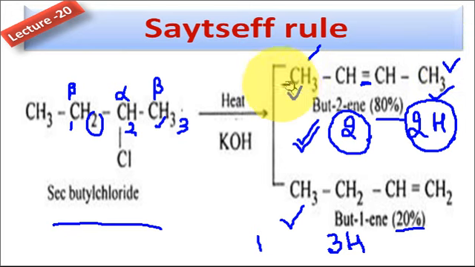Because of more hyperconjugation due to the more substituted alkyl groups, these types of alkenes are more stable. So according to the Saytzeff rule, when an alkyl halide has different types of beta carbon atoms, the elimination should take place in such a manner that the more substituted alkene is formed. I hope you have understood this concept.